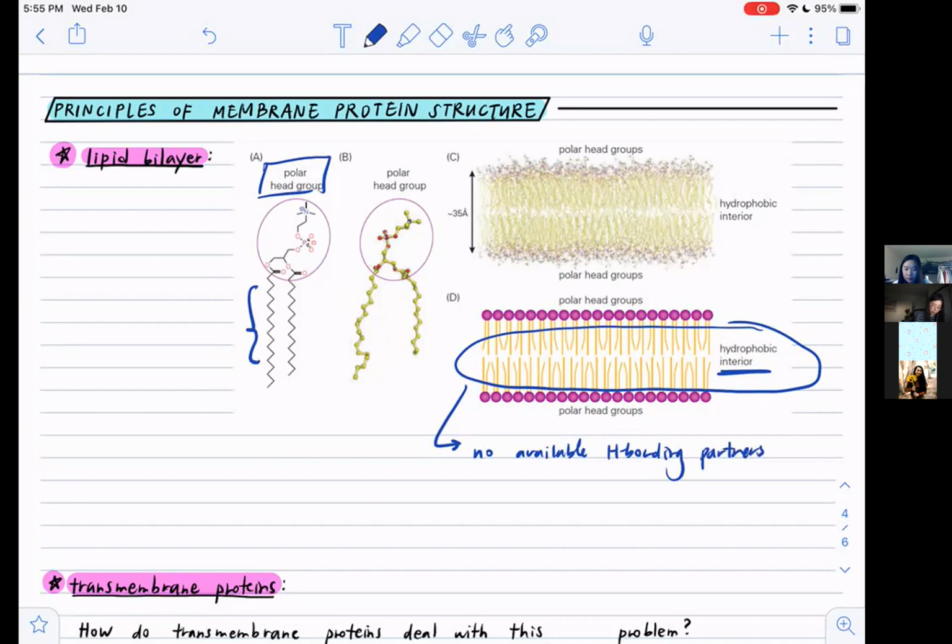And the consequence of that is that there's a large energetic penalty for entry of polar molecules.